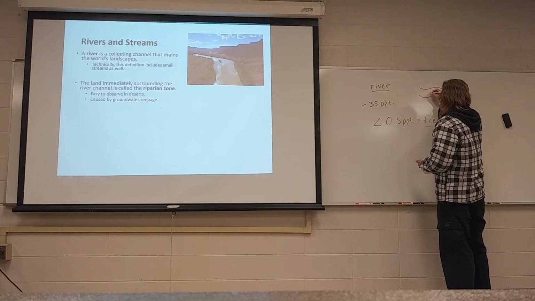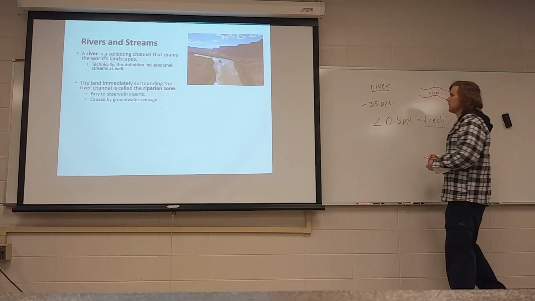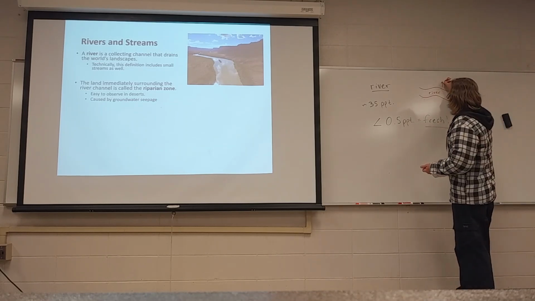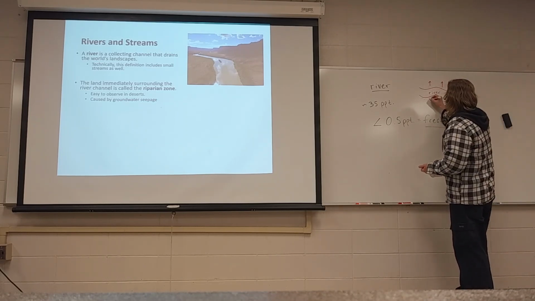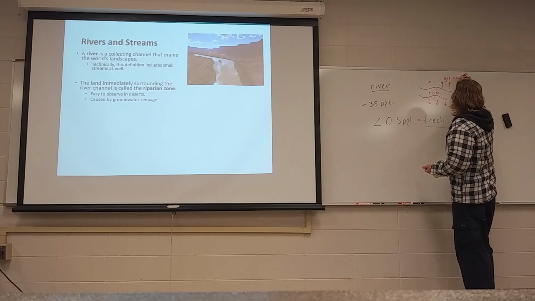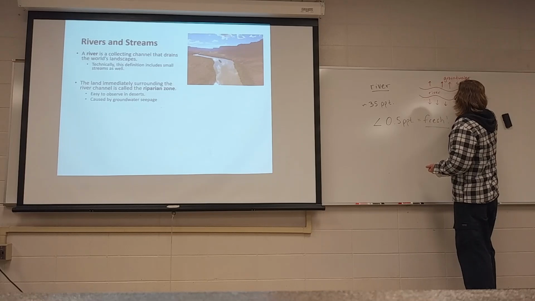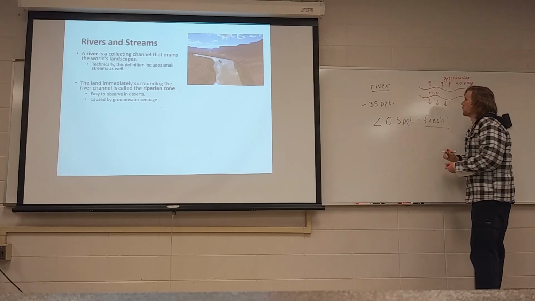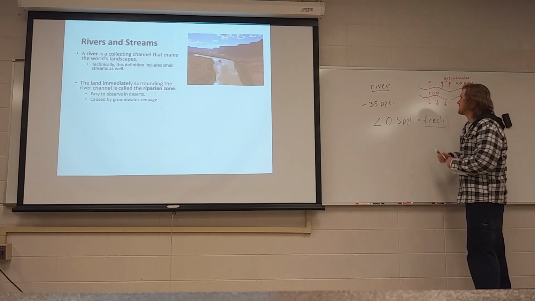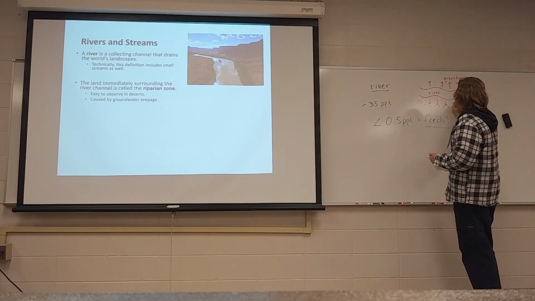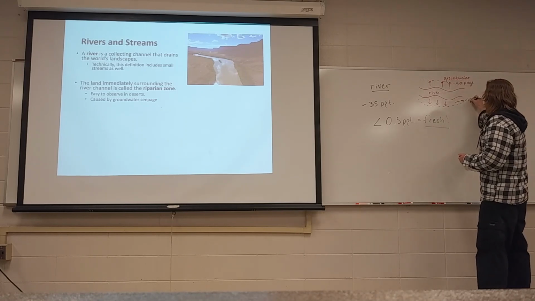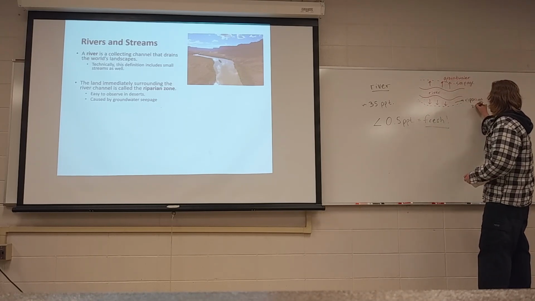Here is our river, and the flowing water, some of it's going to seep into the soil, and that's going to seep out from the river, creating wetter conditions than you would have without the river or further away from the river. And what you end up with is this zone along both sides of the river called the riparian zone.